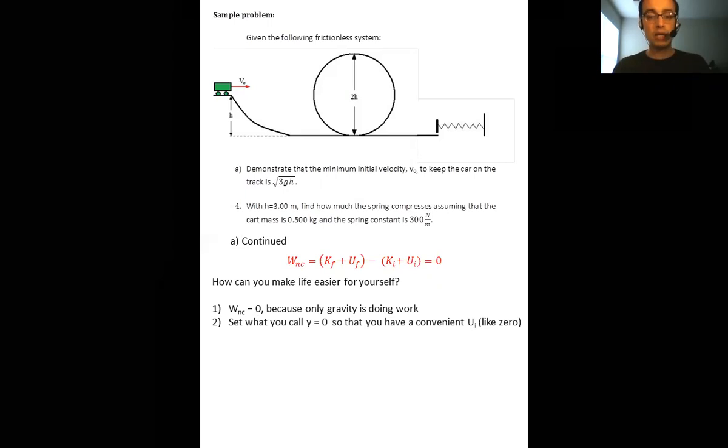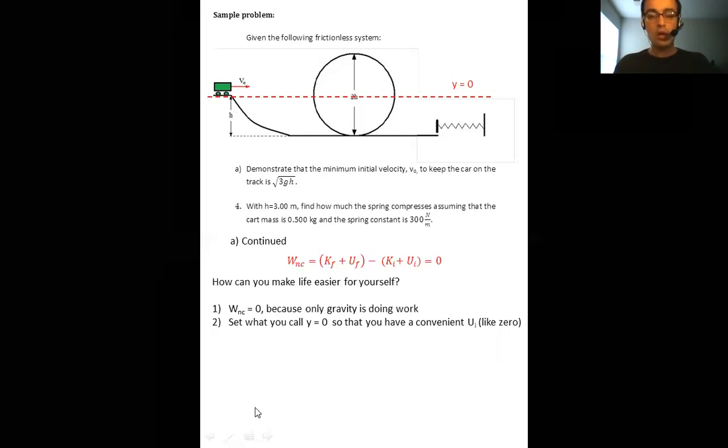Set what you want to call y equals 0 so you have a convenient initial potential energy. I would argue that a great place to set y equals 0 is right here, through the middle of this loop, and right where the cart is starting out, the initial hill that this thing is falling down. We're going to say that that is actually 0 potential energy.